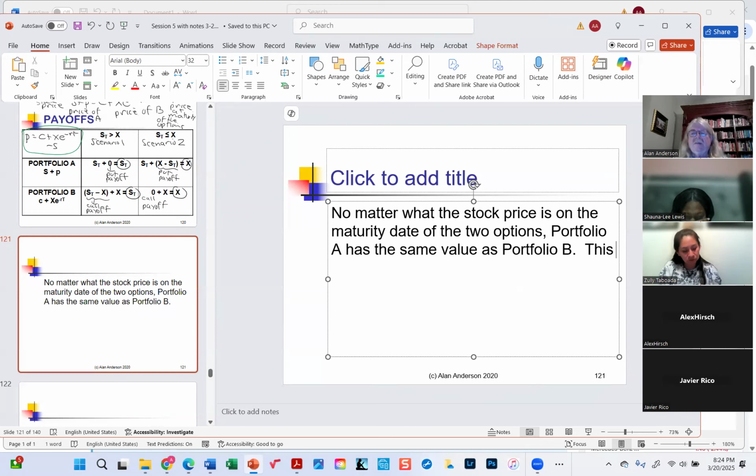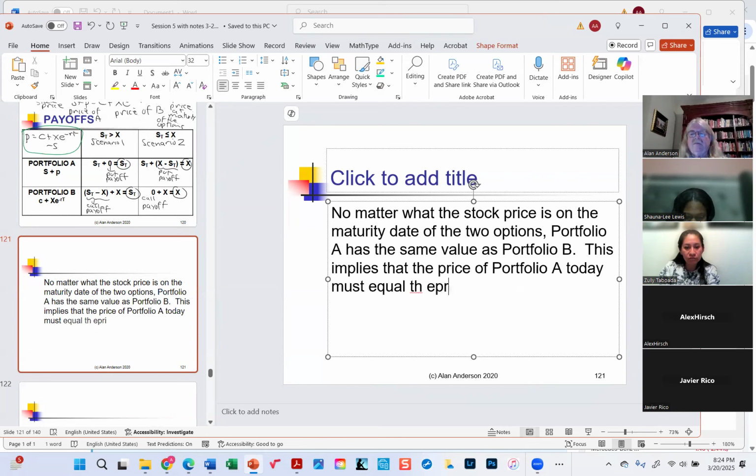So that means this implies that the price of portfolio A today must equal the price of portfolio B today. And remember the way they were set up.